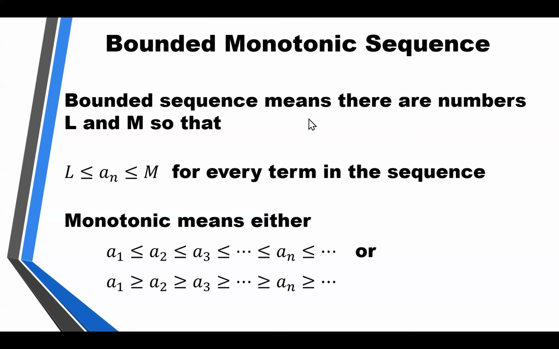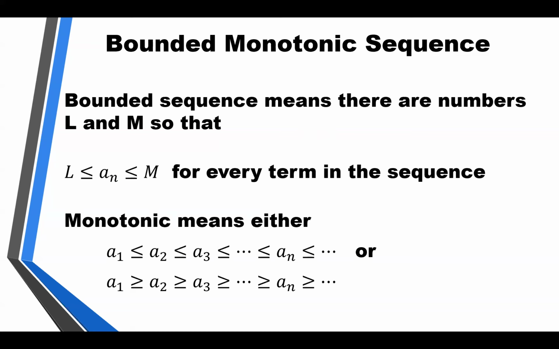Now, one thing that the book goes over that we typically don't spend a lot of time on is the concept of a bounded monotonic sequence. Bounded simply means that the sequence doesn't get above or below a real number.